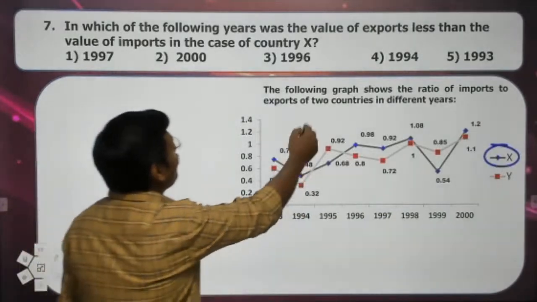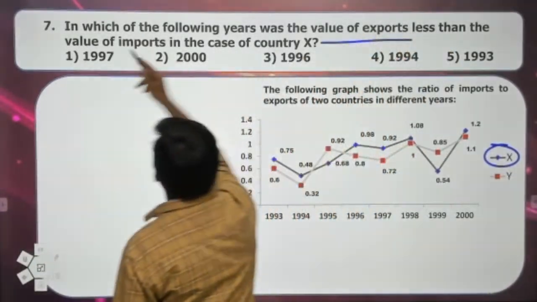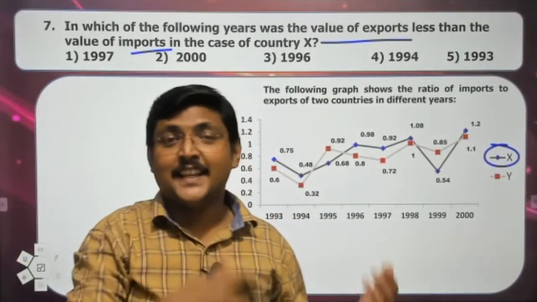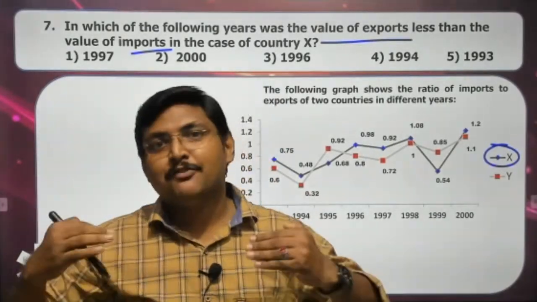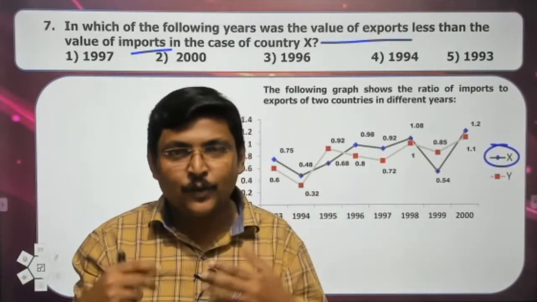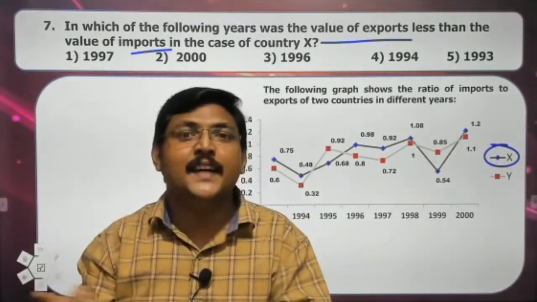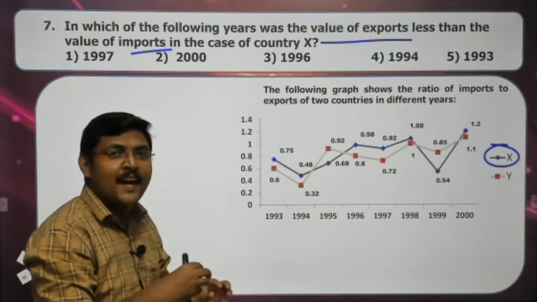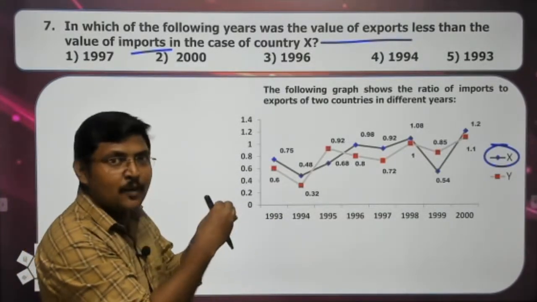The value of export less than the value of import means import is more. Since the given graph is import to export ratio, if the value of import is more than the value of export, the ratio will be more than 1, right? So we just need to check in which year the value of country X is more than 1.